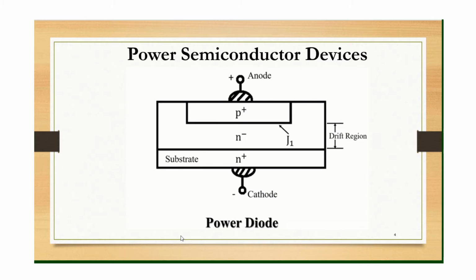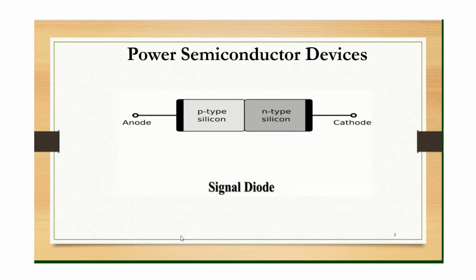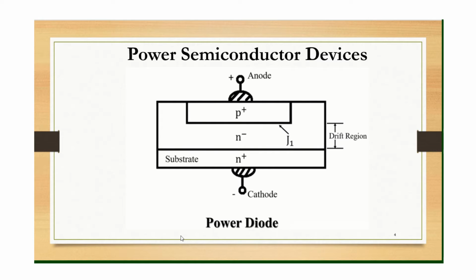Whereas in a signal diode, the doping level of both P and N type is same. Hence, we get this PN junction. Whereas in power diodes, we have a junction formed between a heavily doped P plus material and a lightly doped N minus layer, which is epitaxially grown on a heavily doped N plus layer, which is called substrate.